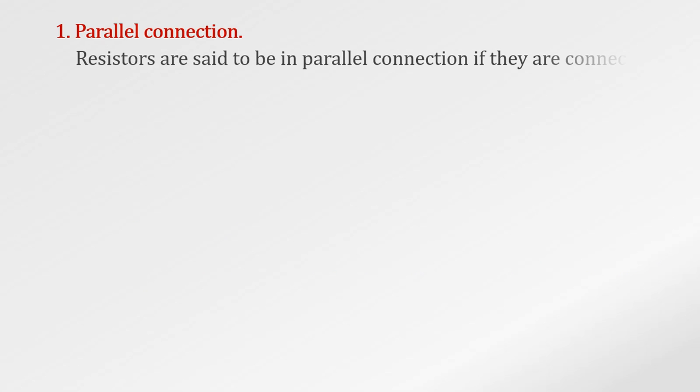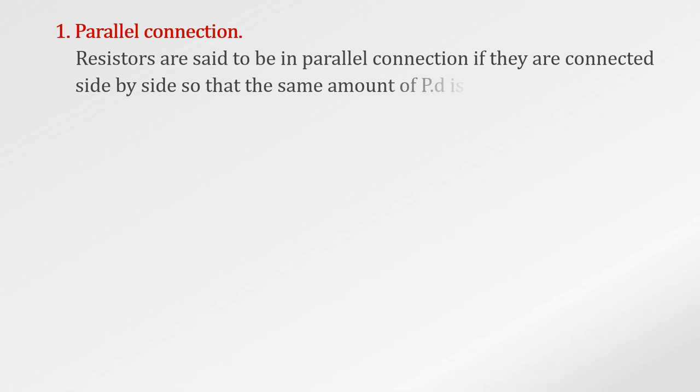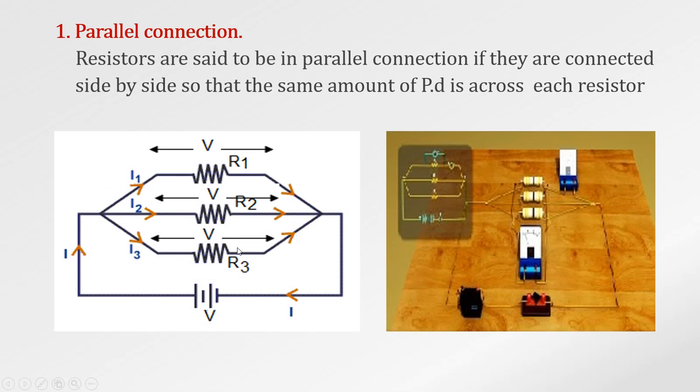Resistors are said to be in parallel connection if they are connected side by side, so that the same amount of PD is across each of the resistors. What do we mean by side by side? Not end to end, but this side to this side.